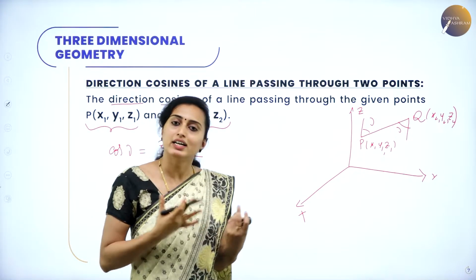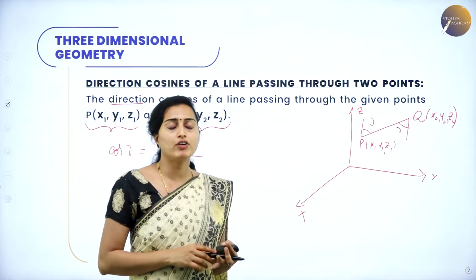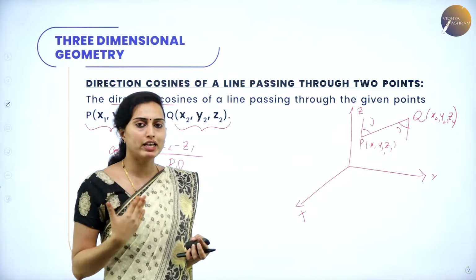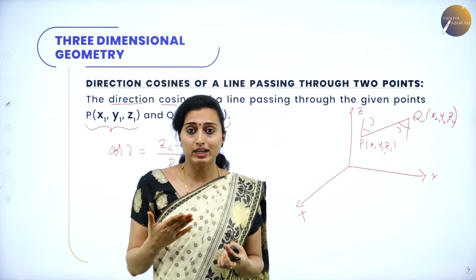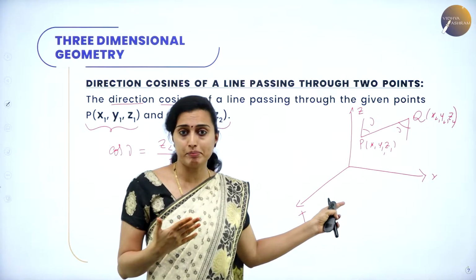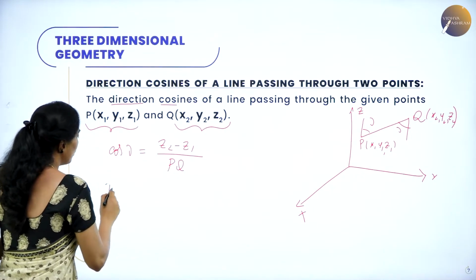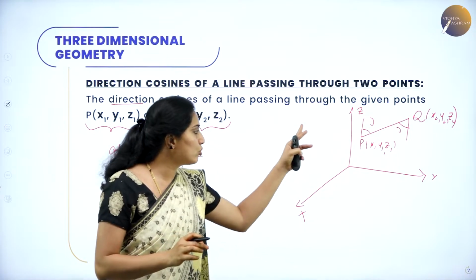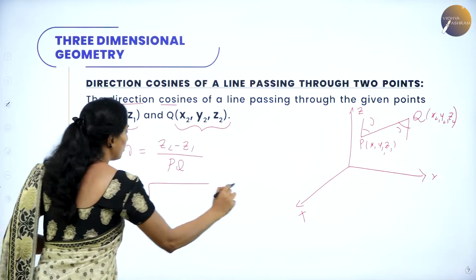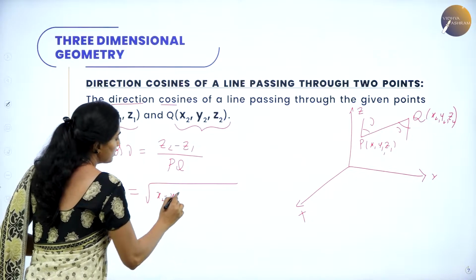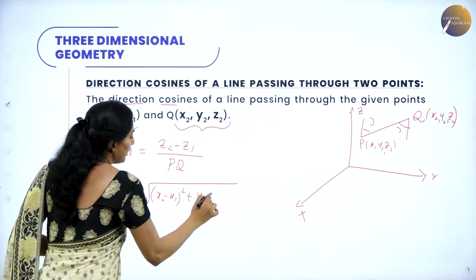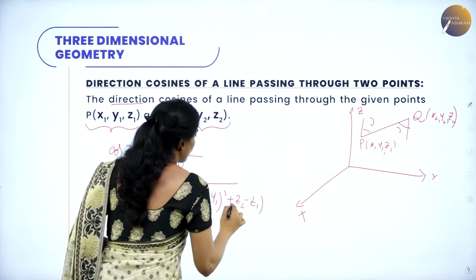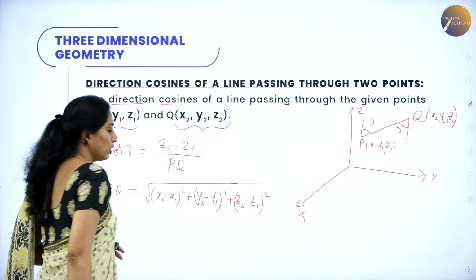PQ is nothing but the distance formula. Suppose you have PQ in two dimensions, it is the distance formula: the root of x2 minus x1 whole squared plus y2 minus y1 whole squared. Here it is three-dimensional, so PQ is the distance between x1, y1, z1 and x2, y2, z2, which is given by the root of x2 minus x1 whole squared plus y2 minus y1 whole squared plus z2 minus z1 whole squared. So this is the PQ distance.